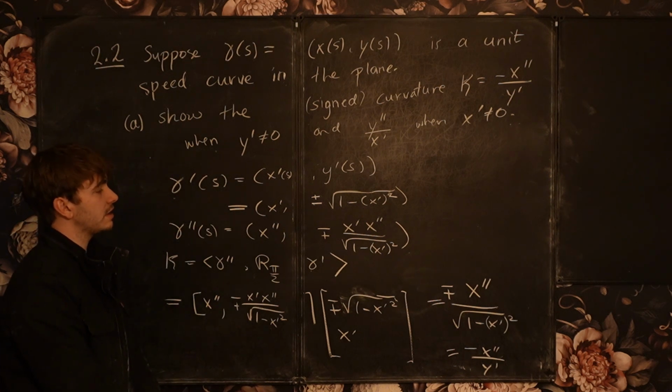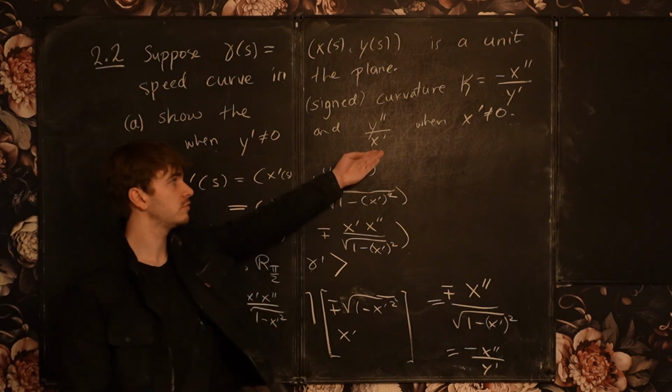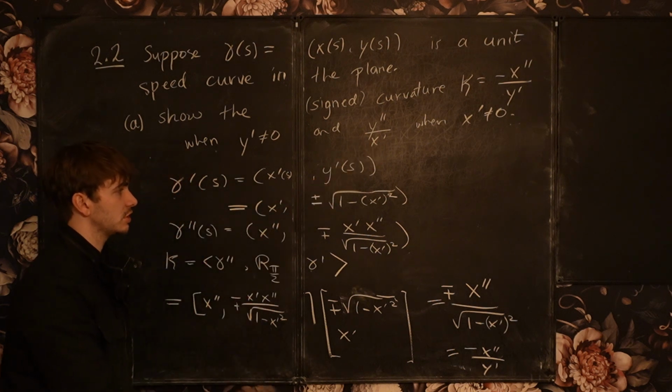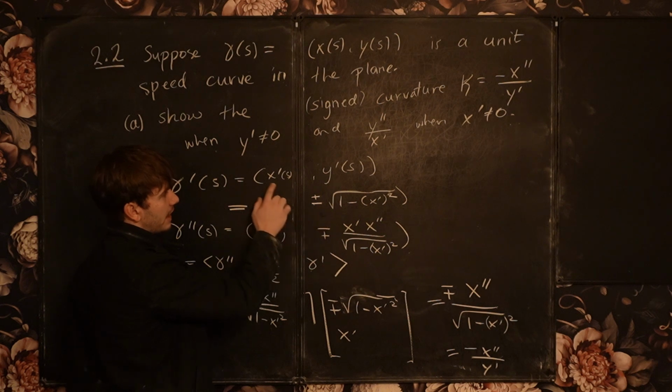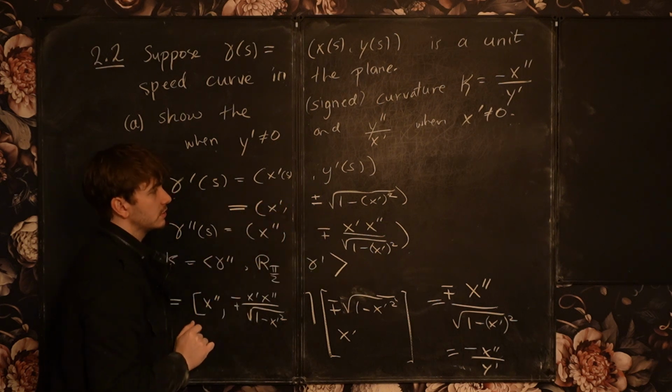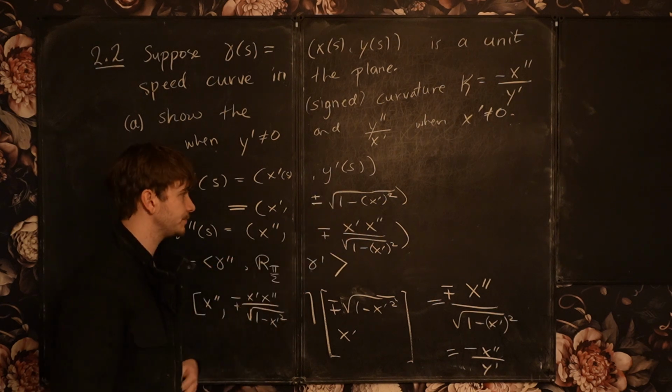And then the identical calculation follows by symmetry, interchanging the roles of y and x. In particular, we would do the same thing, but we'd write x prime as the square root of 1 minus y prime squared, rather than expressing y prime in terms of x prime.